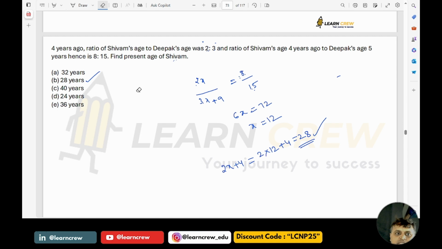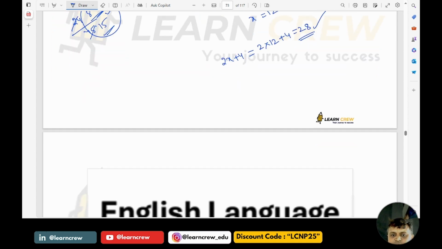For the second option, the present age is 28, so 4 years ago it was 24. If 2 parts is 24, 3 parts will be 36. 36 plus 9 is 45. So 24 to 45 is 8:15, which is satisfied. The ratio will be satisfied with option B. Next one.